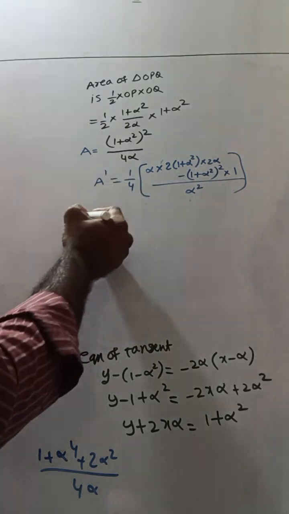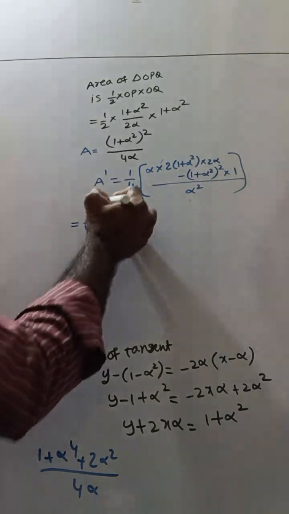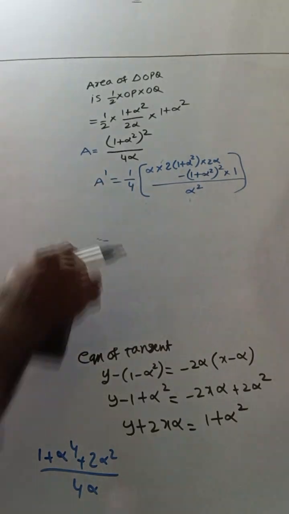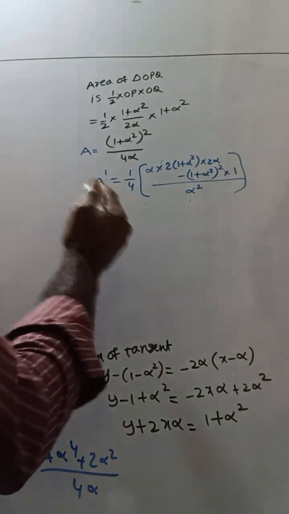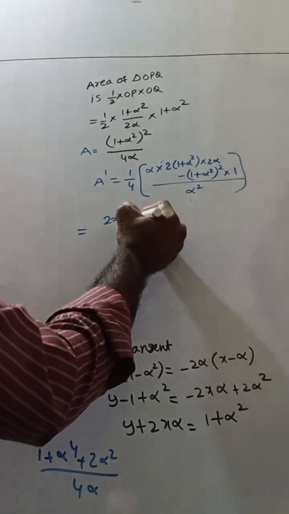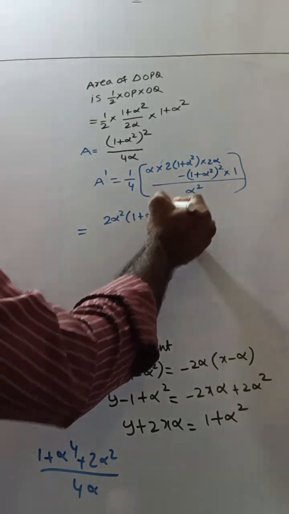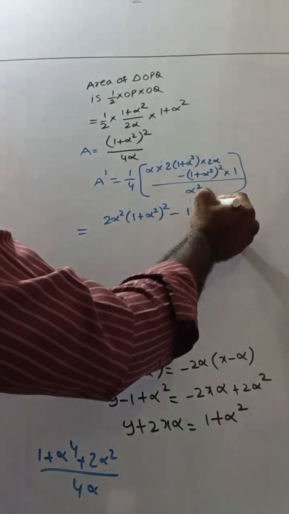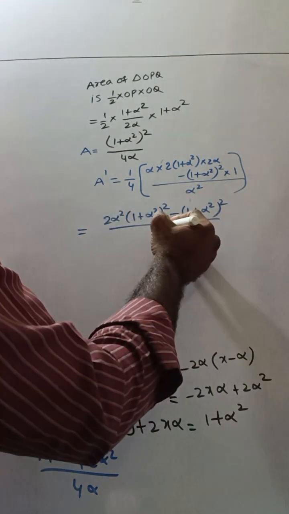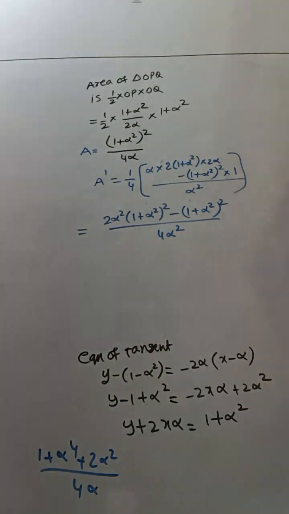Now let me simplify this. This is equal to 1 by 4 alpha square into, one more bracket, everything. So this is nothing but 2 alpha square into (1 plus alpha square) minus (1 plus alpha square) whole square by 4 times alpha square.